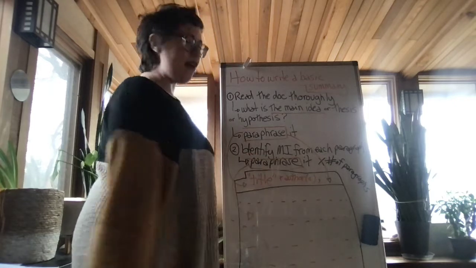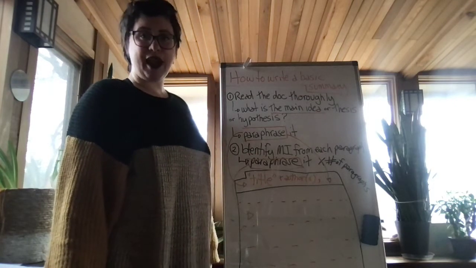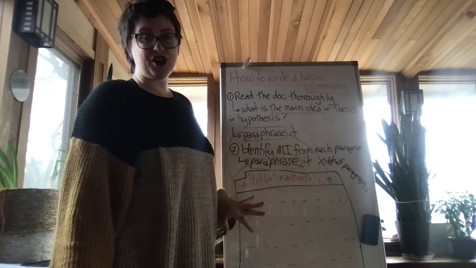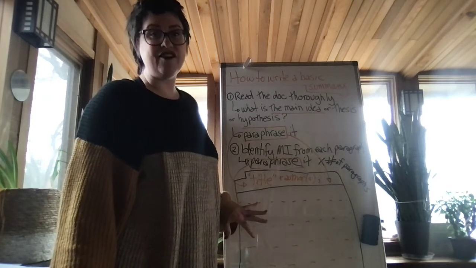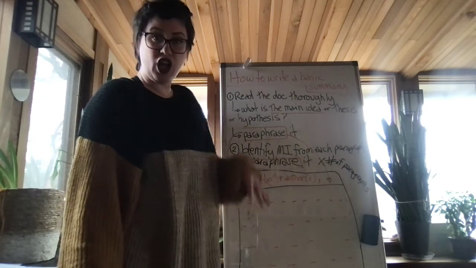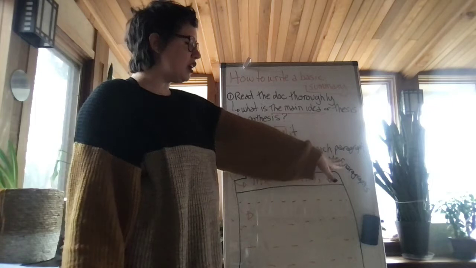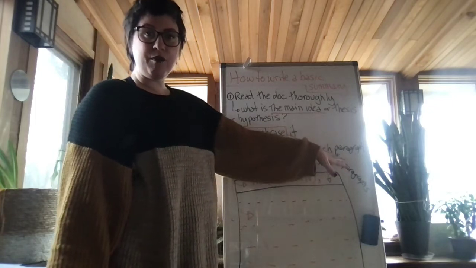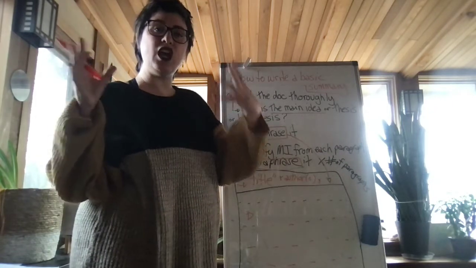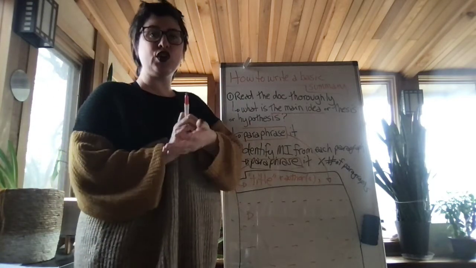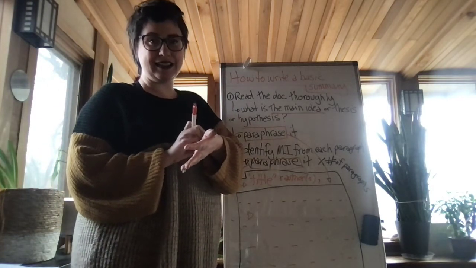Now, if you have 17 paraphrases, you don't want a paragraph or a summary that is 17 sentences long. So what I suggest you do in that case is look at your 17 paraphrases and see where you can join ideas together to create more complex sentences.